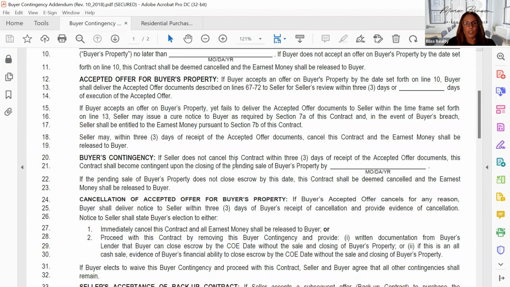This part right here, if the seller does not cancel, this contract shall become contingent upon closing. You have to put kind of an estimated closing date in here. So I always estimate like 30 days after this date.